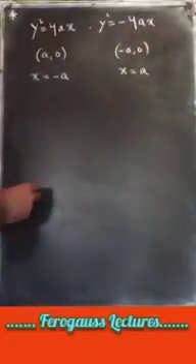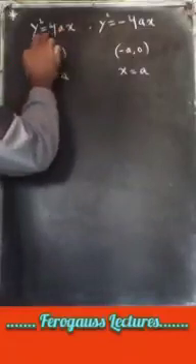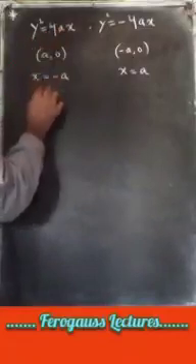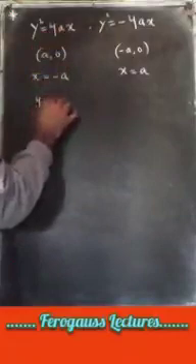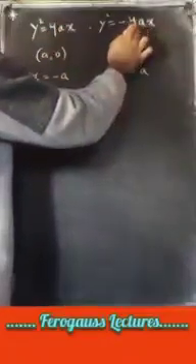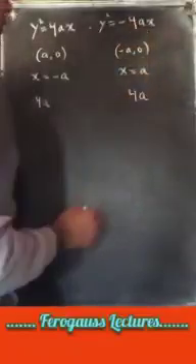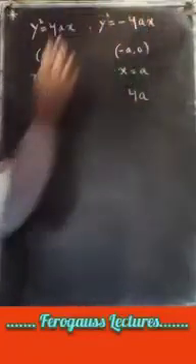Okay? The length of latus rectum for this parabola is 4a, that is coefficient of x, and length of the latus rectum for this parabola is also 4a. Because we have to take the absolute value of the coefficient of x.